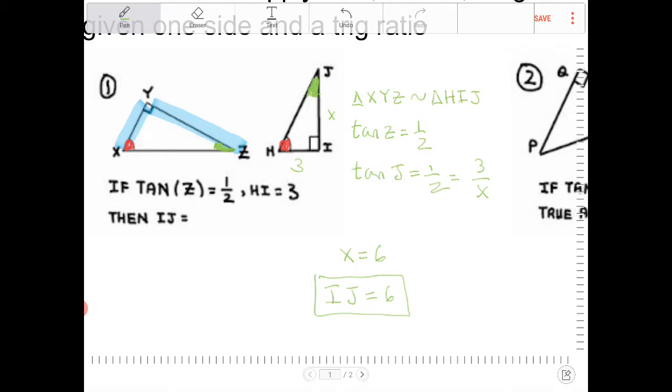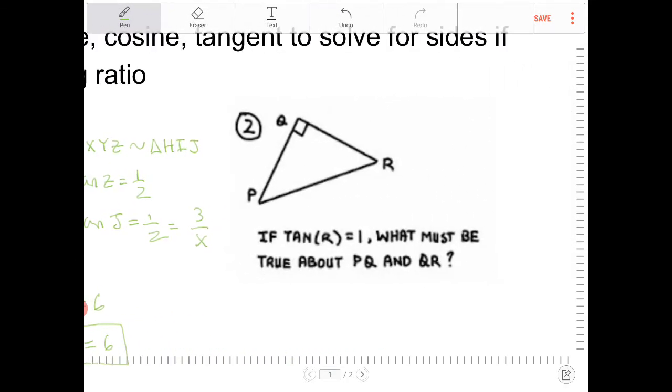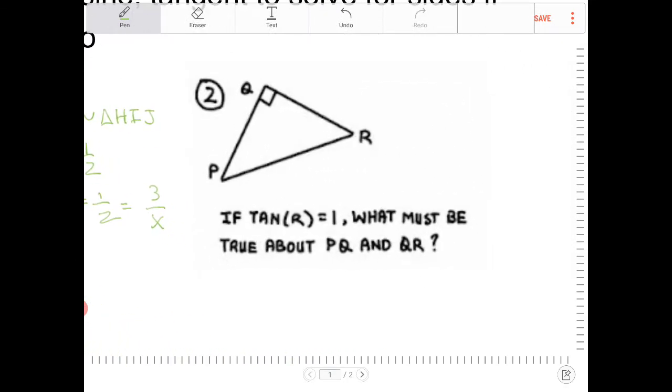Okay, moving on. If tangent of r is equal to 1, what must be true about PQ and QR? Tangent of r is equal to 1. Well, if that's the case, what that implies is opposite over adjacent, PQ over QR, is equal to 1.